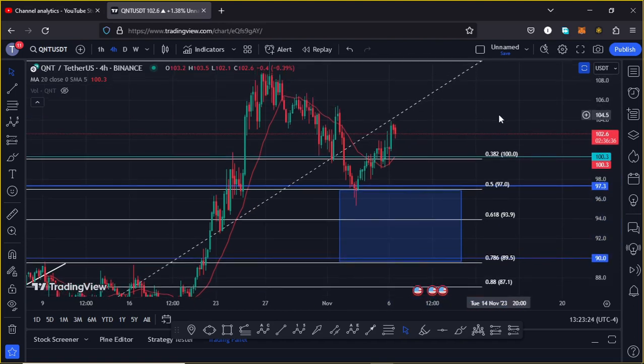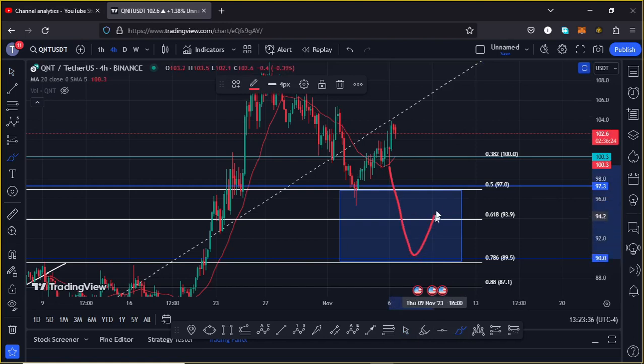So if by any chance we lose the $97.3 mark, expect further pullback into this area over here, find support within the area, and then get a massive reversal to the upper side, breaking above our key areas of resistance once more.